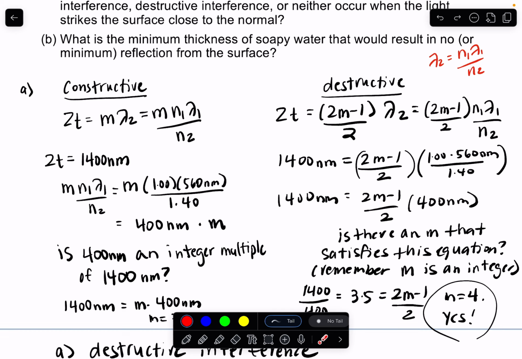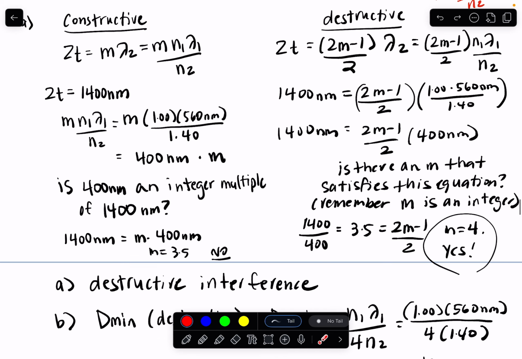And the question is, is there an m that satisfies this equation here? So let's find out. 1400 divided by 400, well, that equals 3.5. And is there an integer m that satisfies that equation? Yes, that's m equals 4. Right, so m is always an integer.